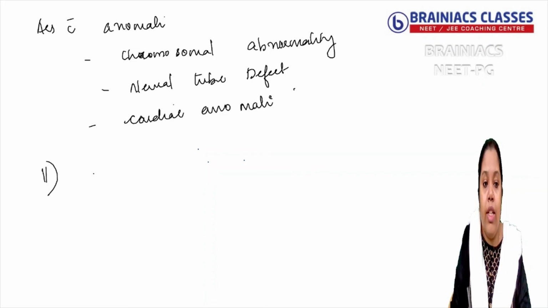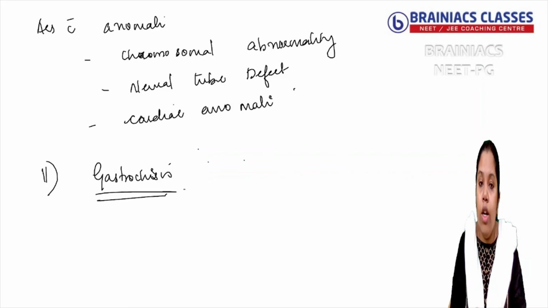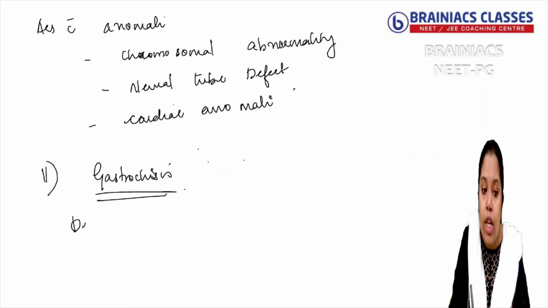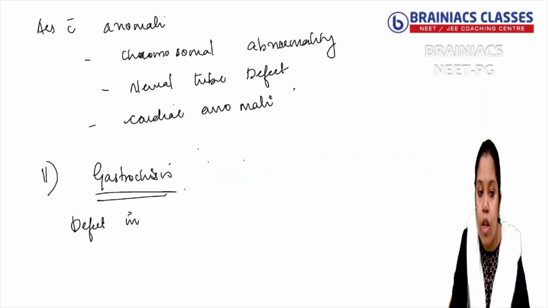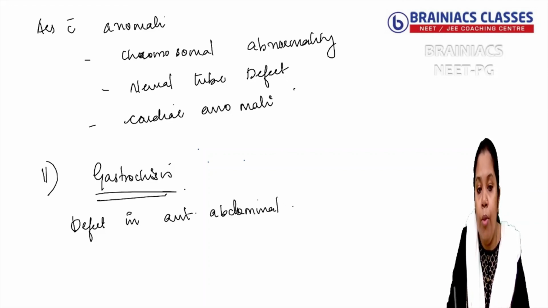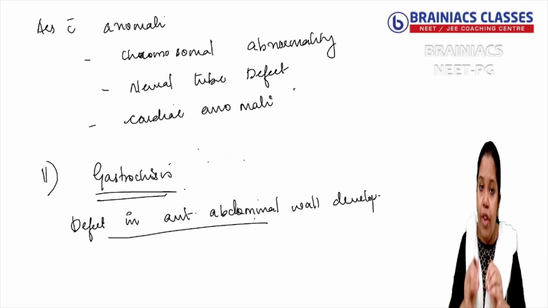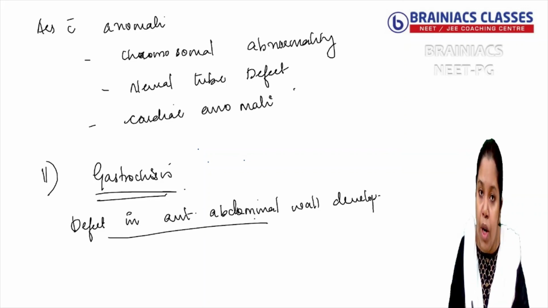The second abnormality is gastroschisis. This occurs due to a defect in the anterior abdominal wall development. Can you tell me which is the weakest point in case of the anterior abdominal wall development?